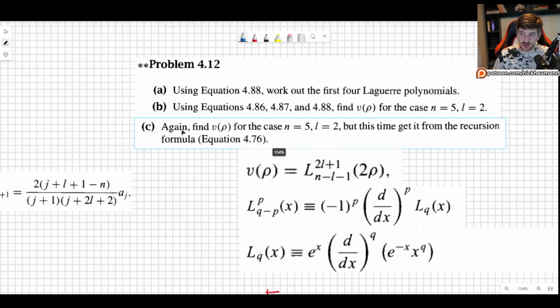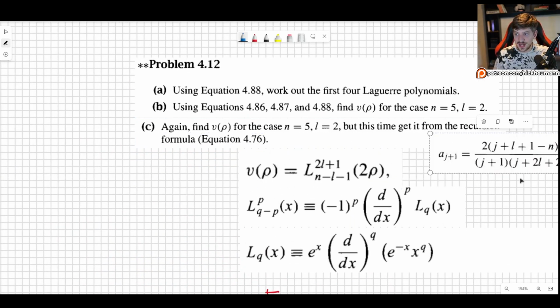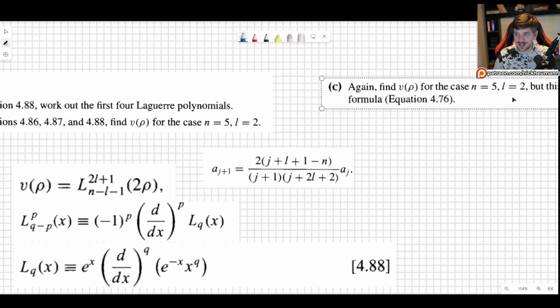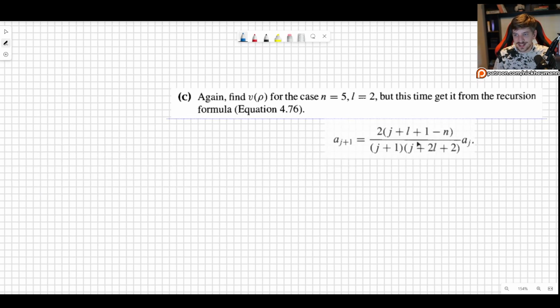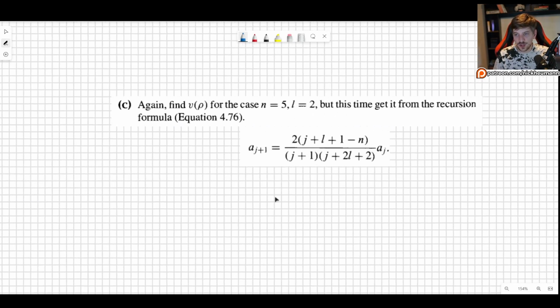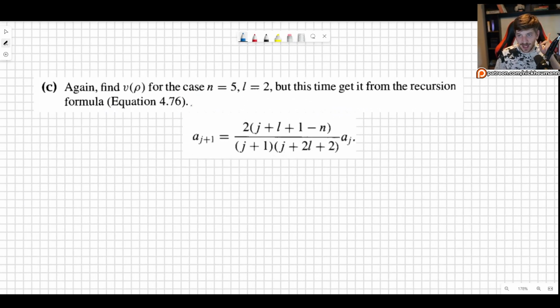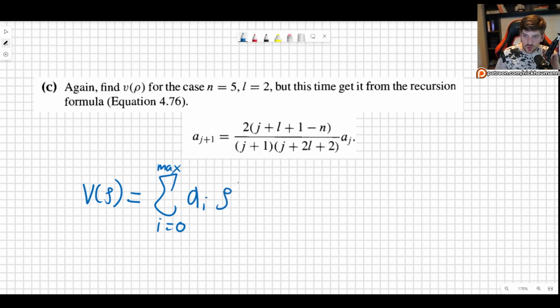So let's now go to part C and let's take a look at the alternative. So now we want to find v of rho for the case n equals 5, l equals 2, but this time using this recursive formula, keeping in mind that v of rho here is simply going to be the sum over i, which starts at 0 and goes to some maximum value, of a_i times rho to the i.